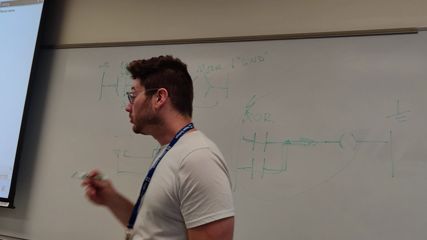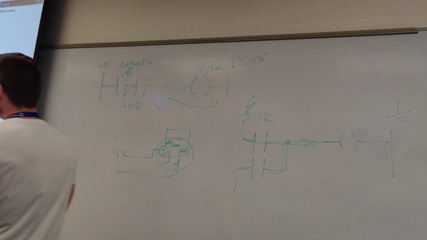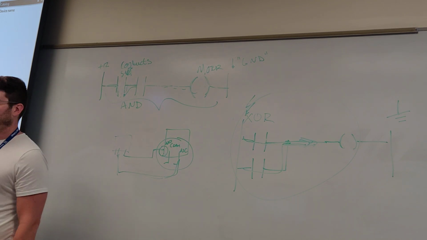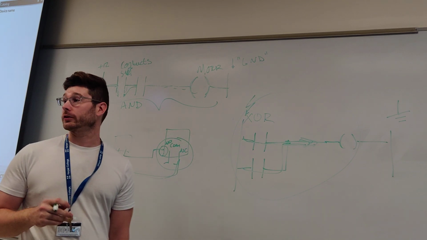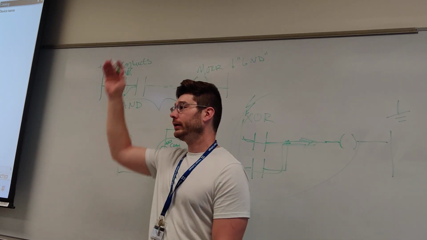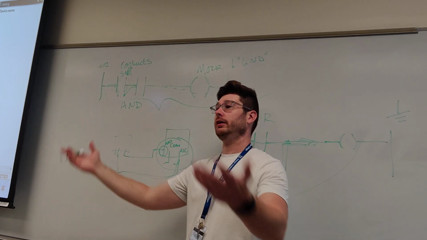To that end, the way ladder logic diagrams function in real time is similar to structured text. It goes from the top rung to the bottom rung, evaluates it, and then sees what comes out at the end.